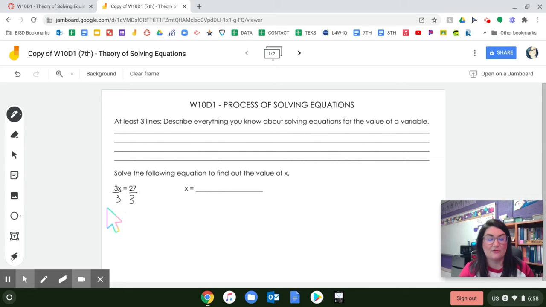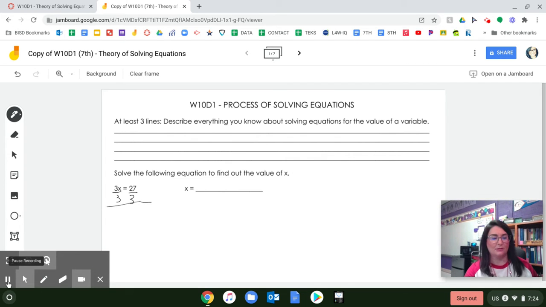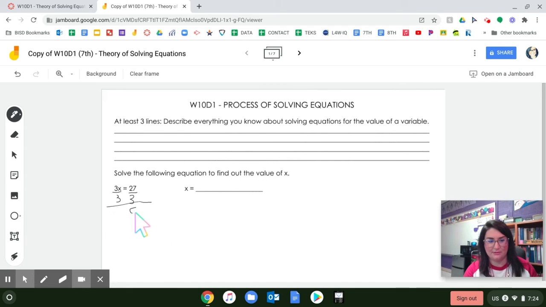Just like we talked about last week, in order to keep that scale balanced, whatever we do on one side, we have to do on the other, whether it's adding, subtracting, multiplying, dividing, squaring, square rooting, any of that stuff. So you get 9 on each side. 27 divided by 3 is 9.